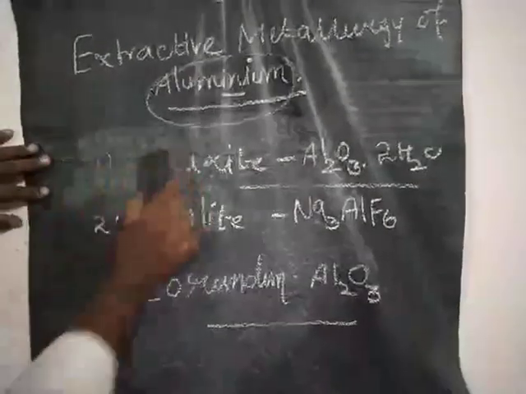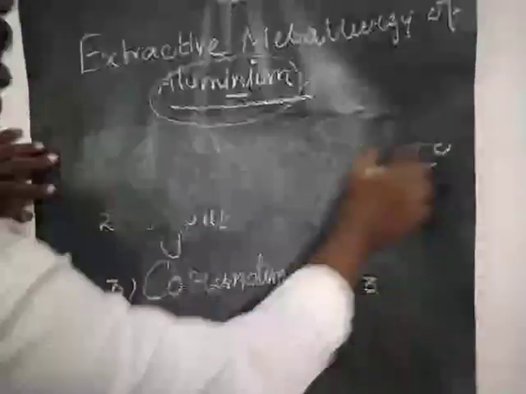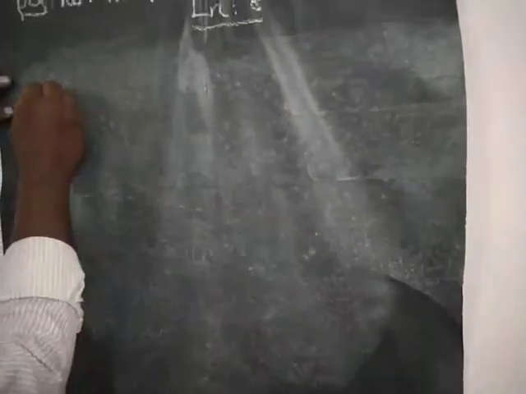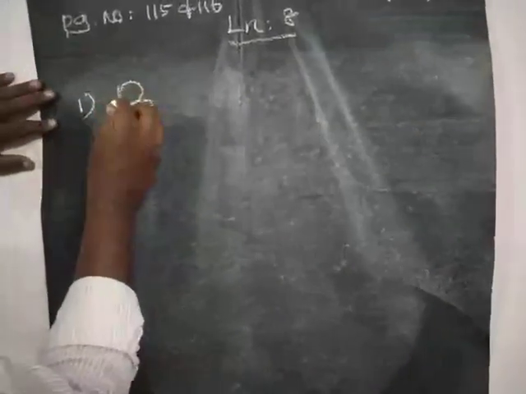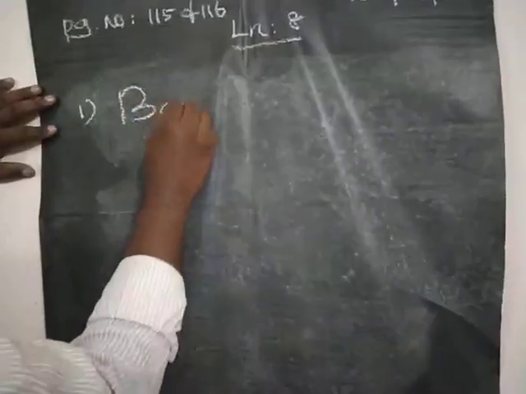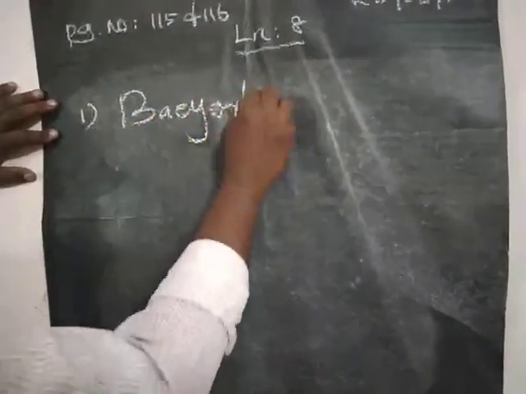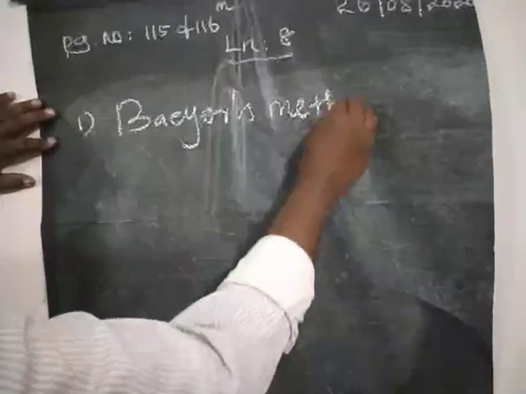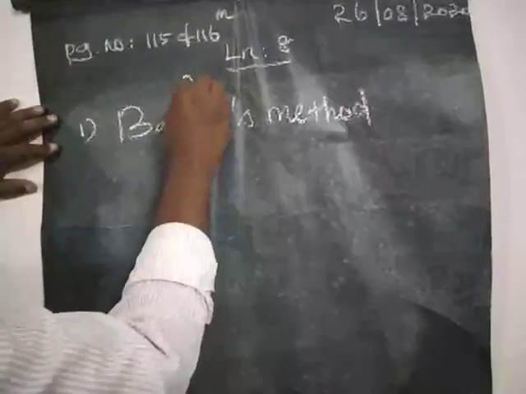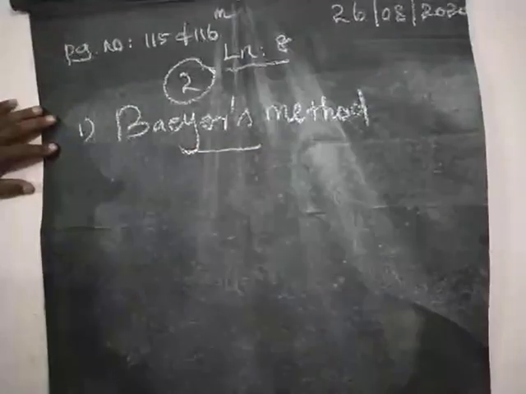So what methods are involved in the extraction of aluminium from bauxite? There are 2 methods. First one, Bayer's method.